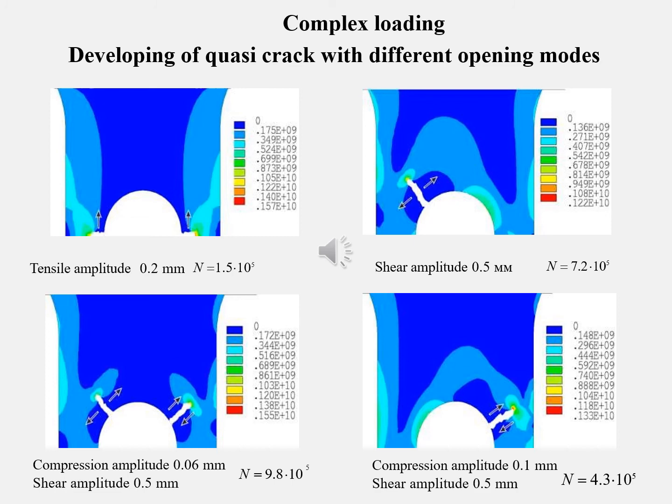Here we have a normal crack opening crack too. And after that we do a test with combined loading, tension-compression with shear, and we see that in this case we can get the crack initiation in two different modes, in normal crack opening and in shear crack opening.